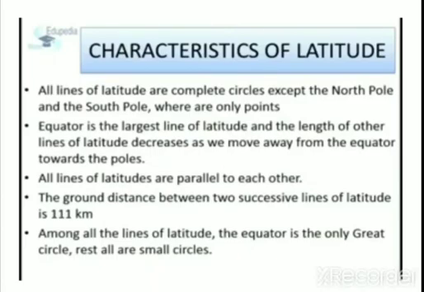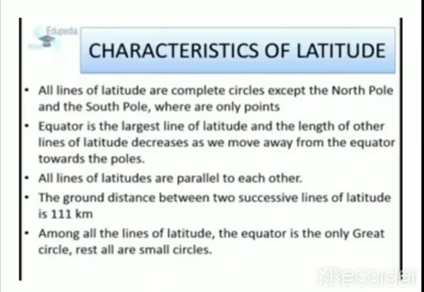The ground distance between two successive lines of latitude is 111 kilometer. The distance of 1 degree of latitude is 111 kilometer.